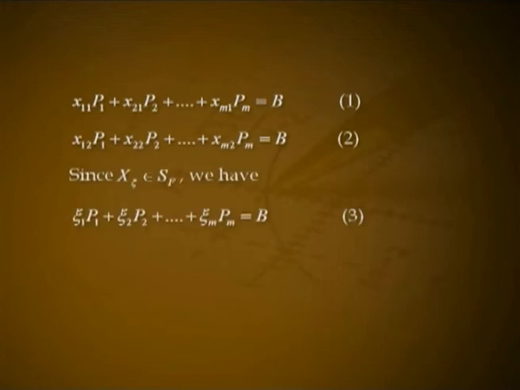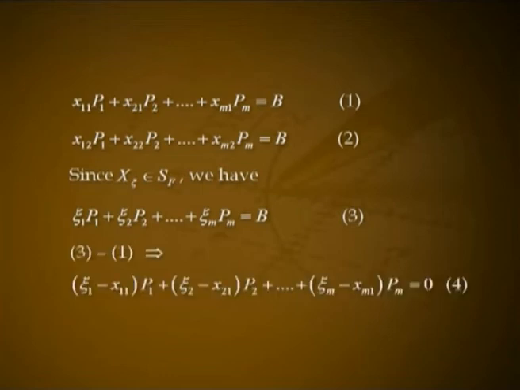Since xψ belongs to SF, we have ψ1p1 + ψ2p2 + etc. + ψmpm = b, let it be 3. Equation 3 minus equation 1 implies (ψ1 − x11)p1 + (ψ2 − x21)p2 + etc. + (ψm − xm1)pm = 0, let it be equation 4.